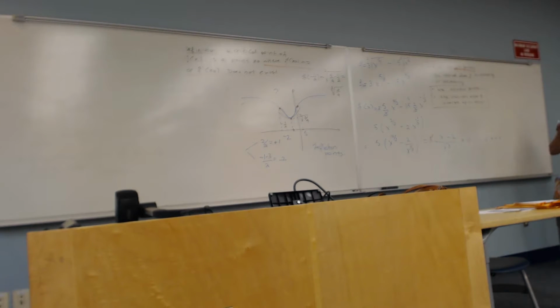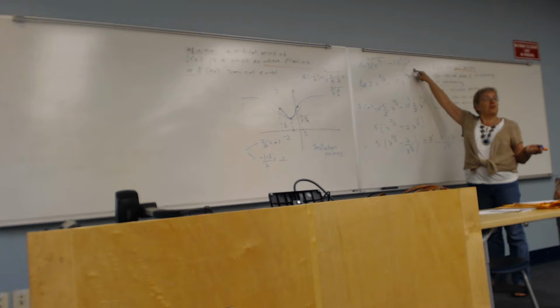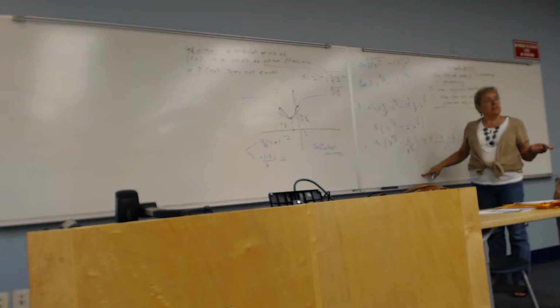The denominator can be 0. Why not? Because if I plug 0 into the function, I don't get something impossible. The function is 0, but the derivative does not exist.